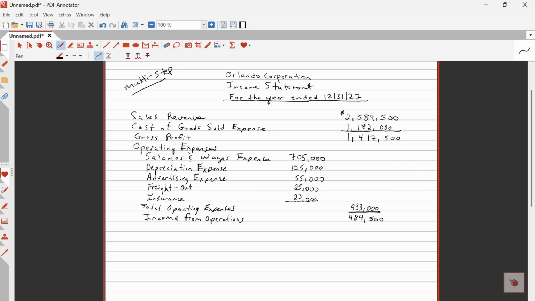There's income from operations. And then after income from operations, we list all the non-operating revenues and expenses. First, the revenues. We put those in a section called Other Revenues and Gains.